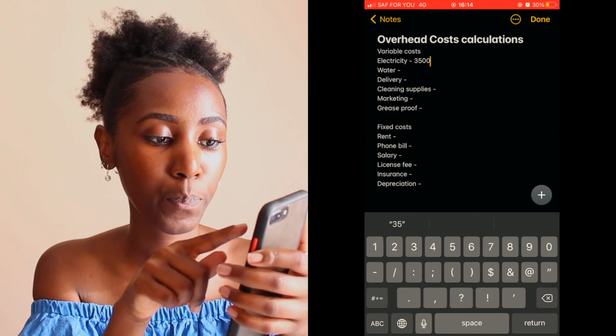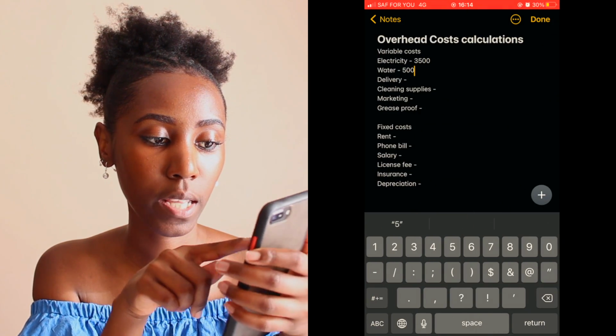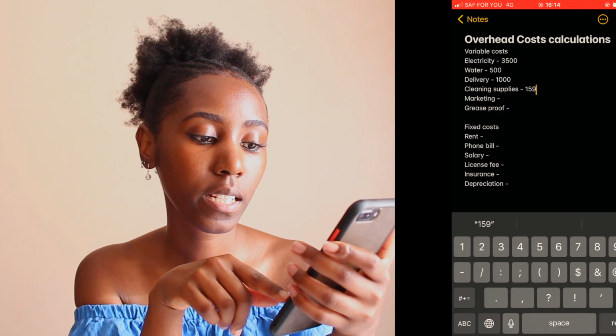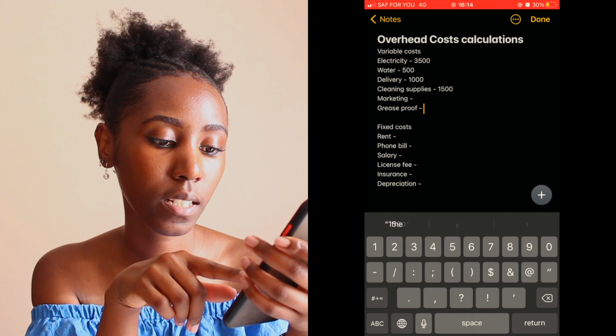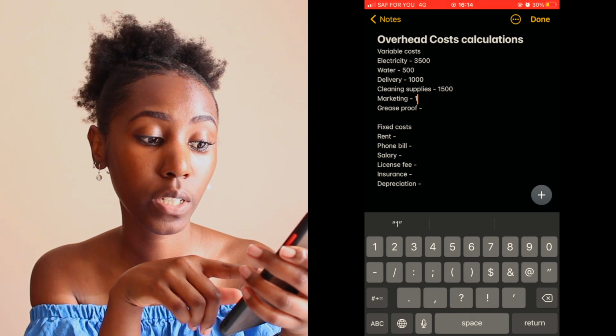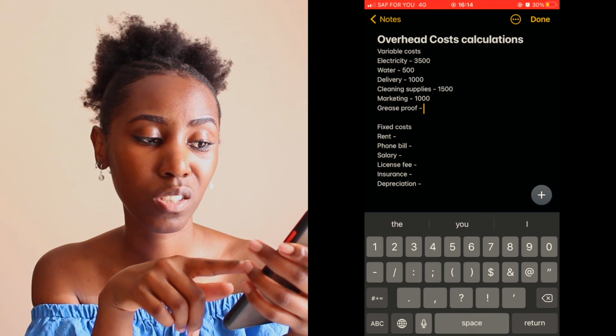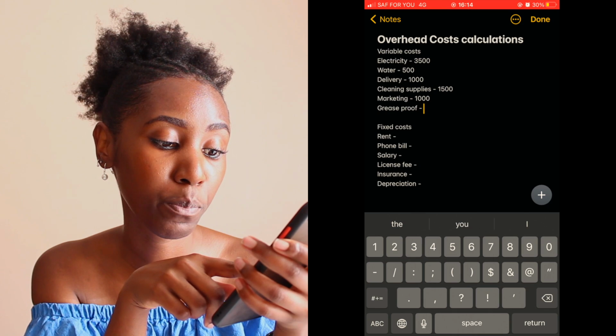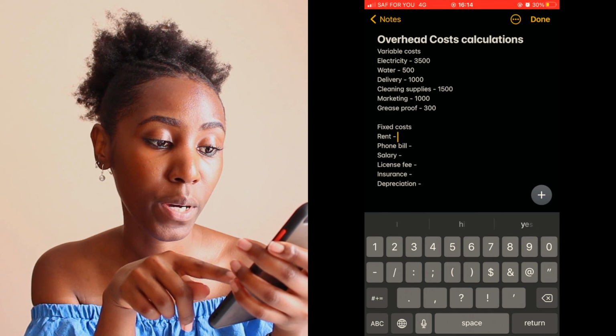So we have electricity, maybe we are paying at 3,500 shillings a month, a water bill of 500 shillings a month, delivery fee for the rider at 1,000 shillings per month, cleaning supplies at 1,500 shillings a month, marketing fee of 1,000 shillings a month, and maybe let's add greaseproof paper at 300 bob a month.